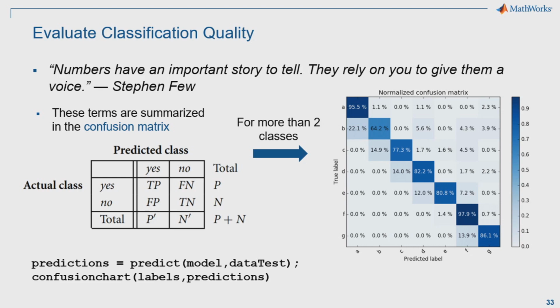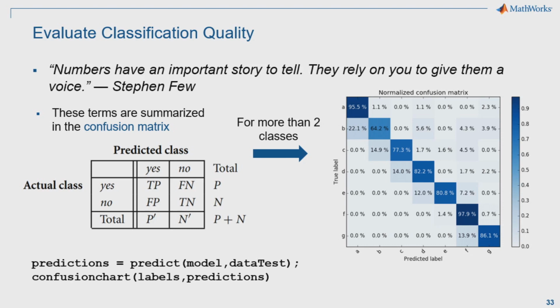You can build your confusion matrix, your confusion chart, with these two lines of MATLAB. The first one is used to predict the labels of your test set. So model is the outcome of one of the functions that we discussed before. It is a trained model with, for example, fitcknn, fitctree, fitcsvm.